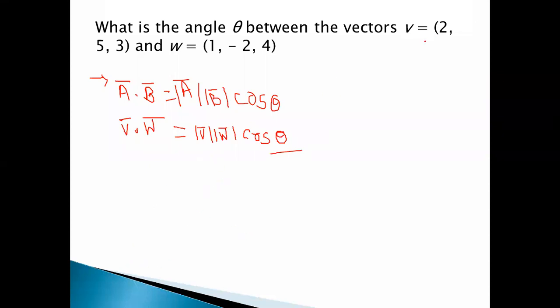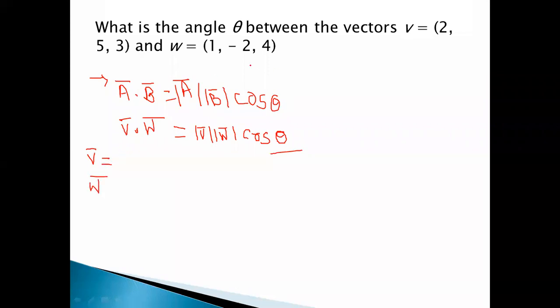Here only the coordinates are given, right? So first we'll write the vectors. We can find mod of V bar and mod of W bar by taking the square root. Again, we have to take the dot product. So how to find the dot product? By taking the coefficients of the two vectors, right? So first we write these two vectors, V bar and W bar.